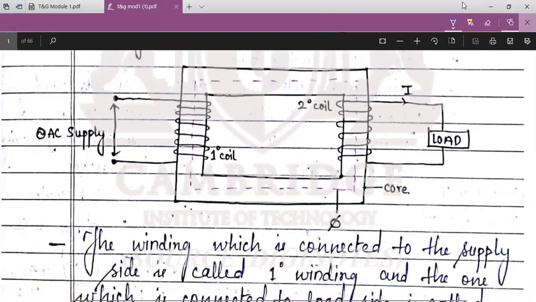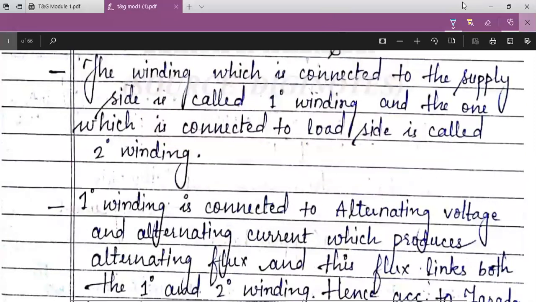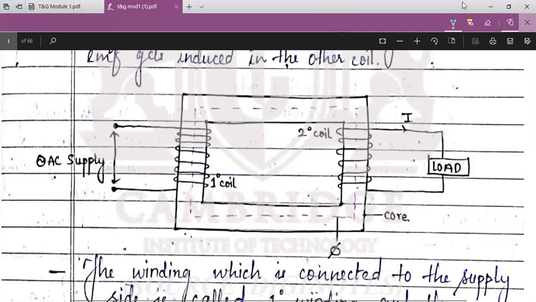So some basics I am trying to explain to you. So it works on the principle. Can you see this arrow? Just see here, AC supply is given to this primary winding of the transformer. When the supply is given to the primary side, current starts to flow through this primary winding.